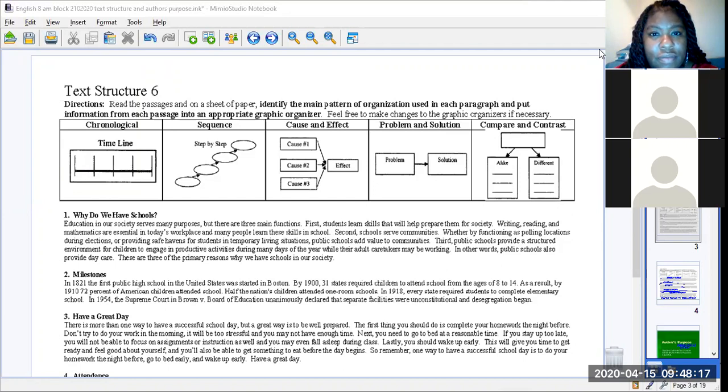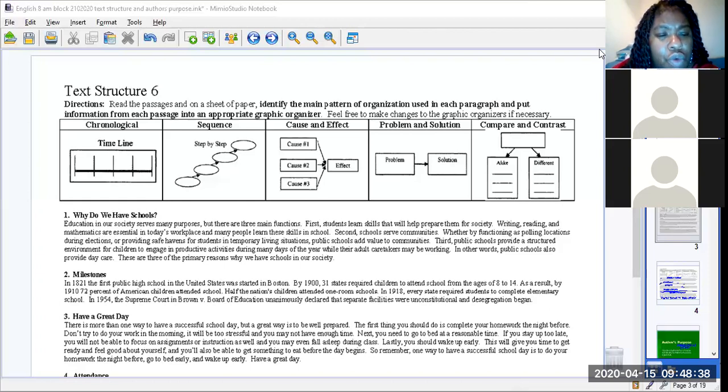Start with a C. C-O-M. Compare and contrast. No, it's in the sentence. Oh, okay. And unfortunately, I can see it, but I can't see it.